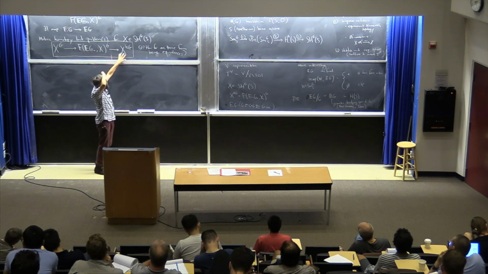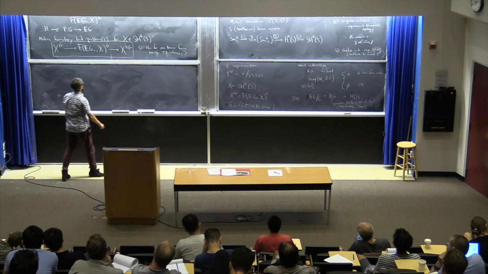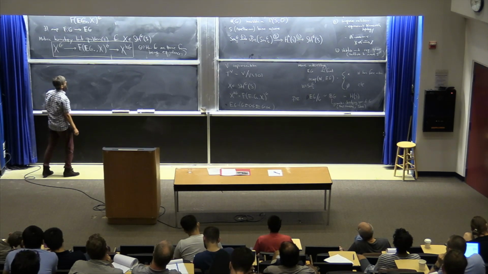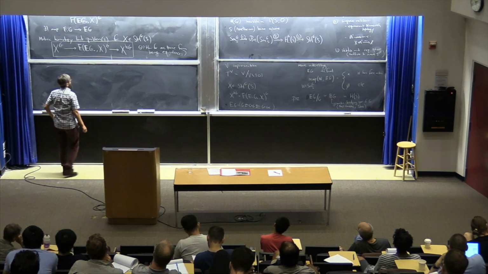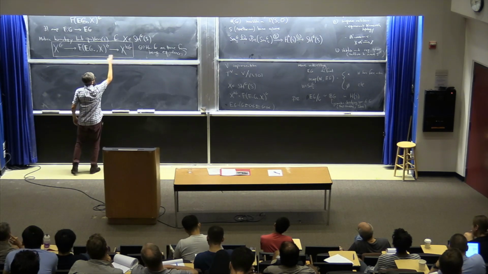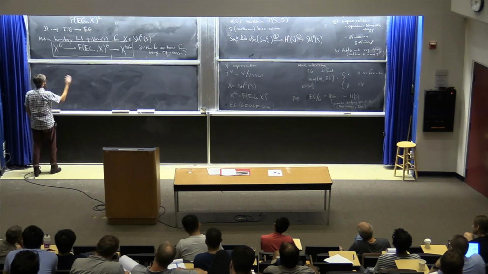On the other hand, this guy is computable. You have a homotopy fixed point spectral sequence computing this guy. So you might hope to be able to relate these enough to leverage these two properties.